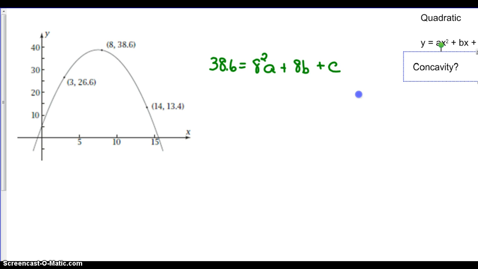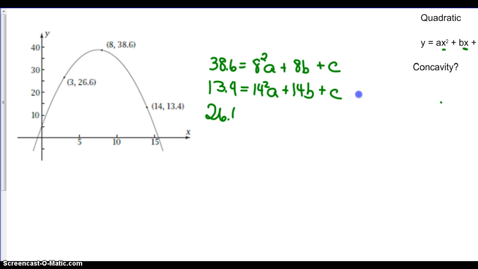Going to the next one, 13.4 is the y value, 14 squared times a plus 14 times b plus c. Just plugging in that x value for this and this x. And then the last point, 26.6 equals 3 squared a plus 3b plus c.